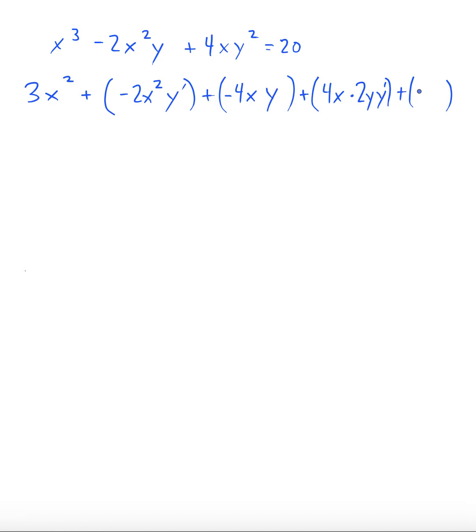Now I'll take the derivative of the 4x and leave the y squared alone. And set it equal to 0 because the derivative of 20 is 0. All right, now our goal is going to be to get the y primes together.